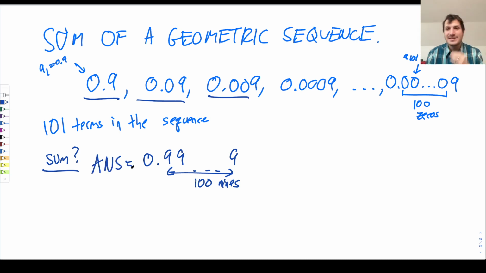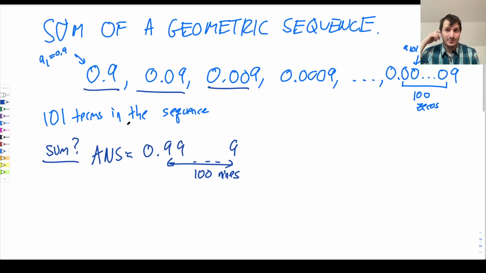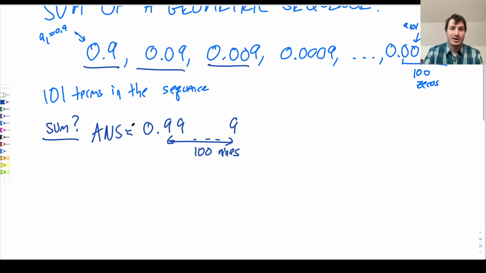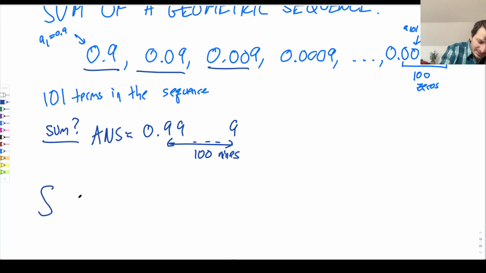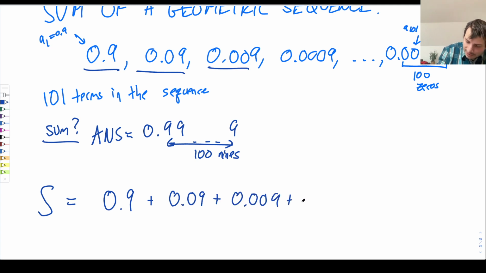But I would like to express the answer in a way that is more useful for other calculations and that works in general. So here's how I'm going to do it. We're going to find this as the answer, but we're going to express it in a different way that makes it clear what's going on. I'm going to write S for the sum. So S is equal to this number, 0.9 plus 0.09 plus 0.009, all the way up to 100 zeros, 9.